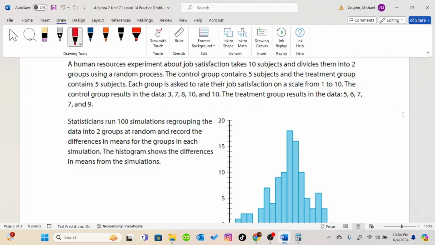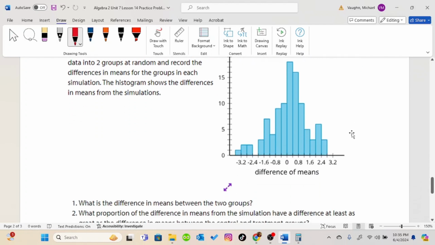The control group results in the data 3, 7, 8, 10, and 10. The treatment group results in the data 5, 6, 7, 7, and 9. Statisticians run 100 simulations, regrouping the data into 2 groups at random and record the differences in means for the groups in each simulation. The histogram shows the differences in means from the simulation.